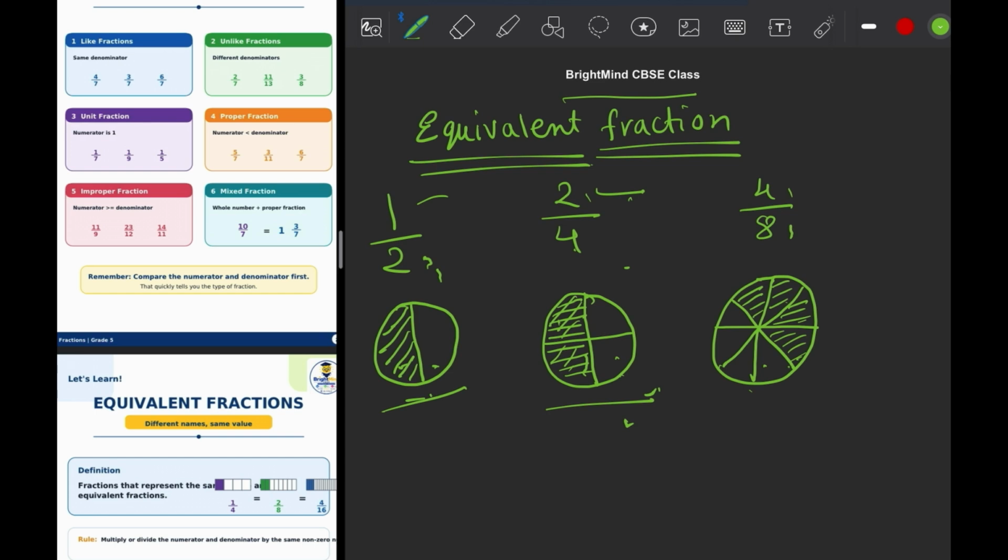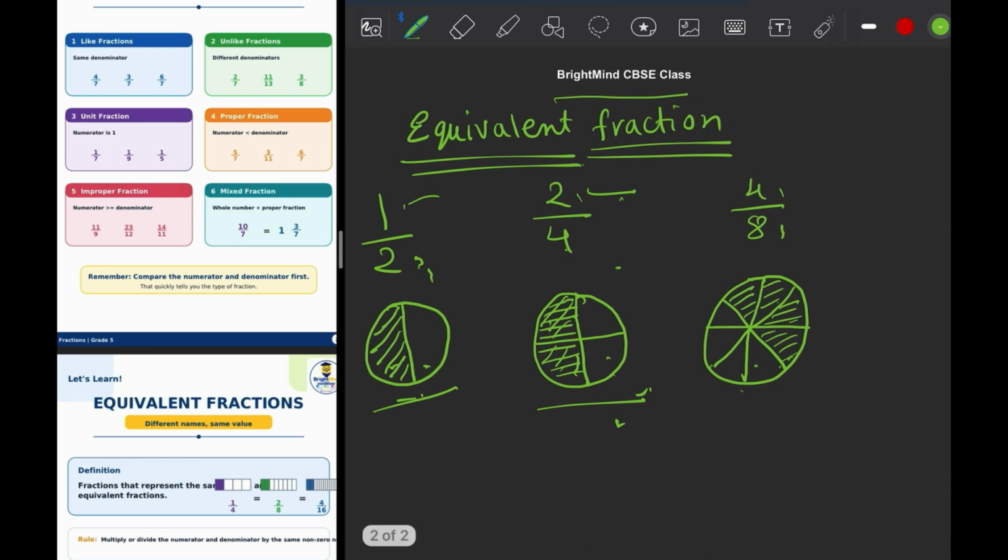Now, do you see a pattern here? If we just look at the numerical relationship between 1/2, 2/4 and 4/8, to go from 1/2 to 2/4, we multiply the denominator by 2.